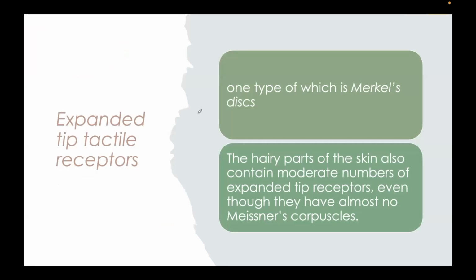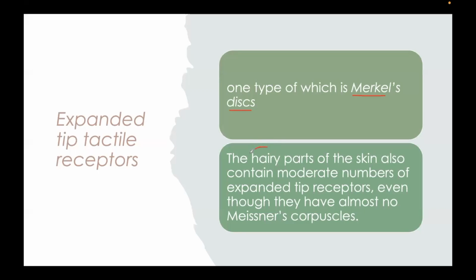Now, what about the expanded tip tactile receptors? The most important example of the expanded tip tactile receptor is the Merkel's disc. I want you to remember this: hairy skin and expanded tip tactile receptors.